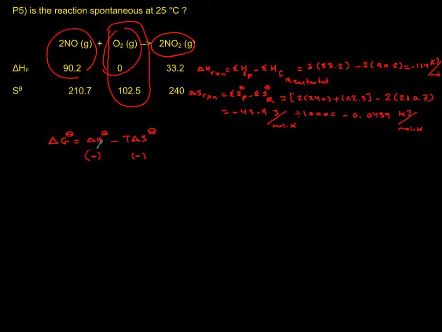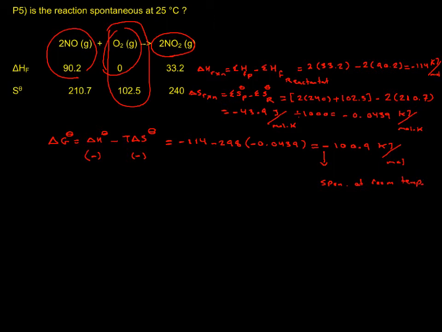We are hoping this is smaller than delta H. So when we plug it in, we get minus 114 minus 298, room temperature in Kelvin, times minus 0.0439, and you definitely get a negative 100.9 kilojoule per mole. So this is an indication that we are spontaneous at room temperature for this reaction.